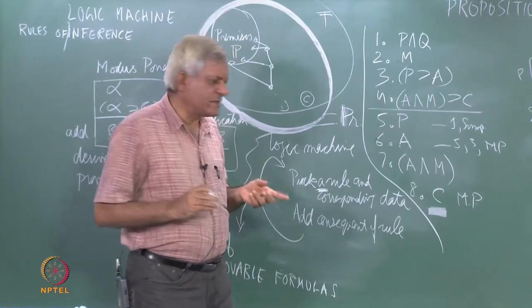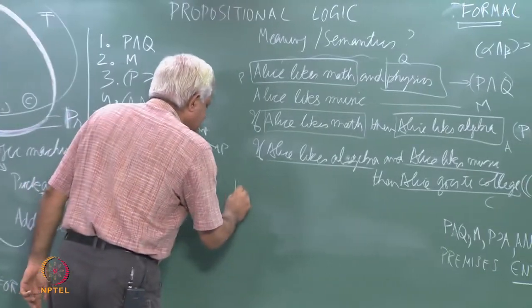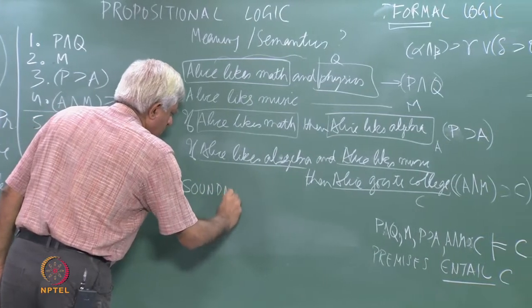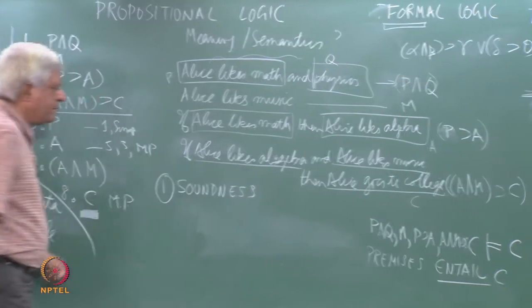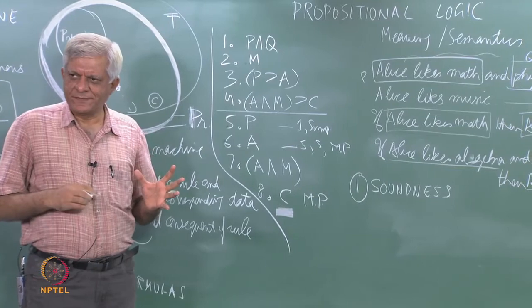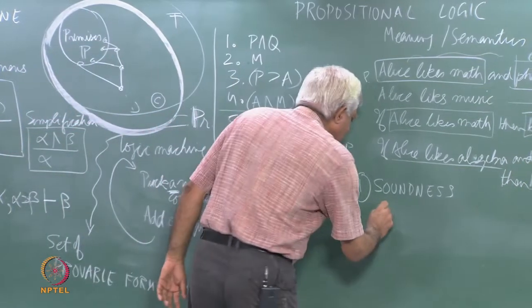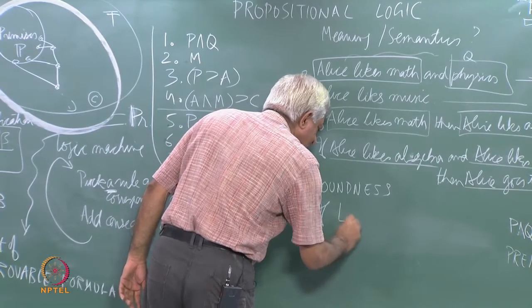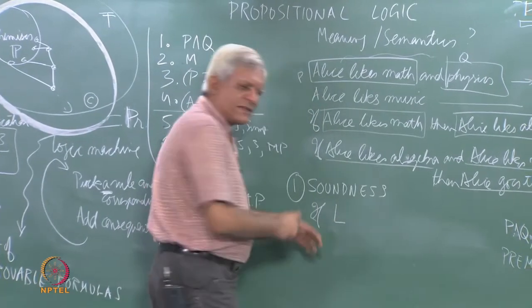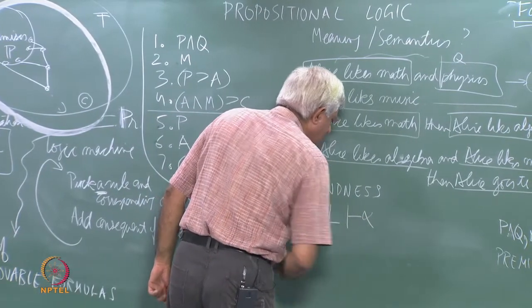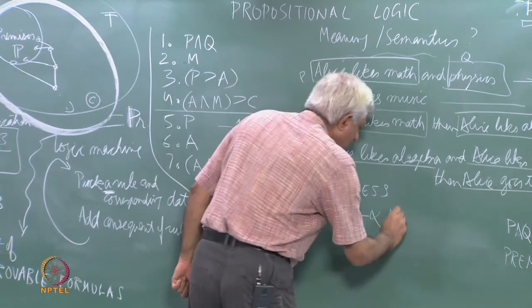So, there are two notions that we use here. One is the notion of soundness. The notion of soundness says that my machinery will only produce true formulas. We can express this as follows. Let us say L is a set of premises given to us.